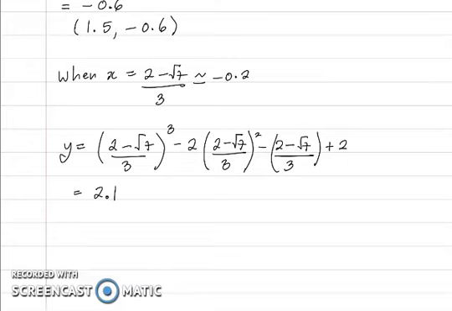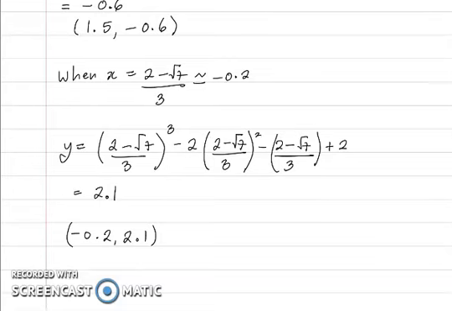So minus 2, that is minus 0.2, 2.1 is also a turning point.